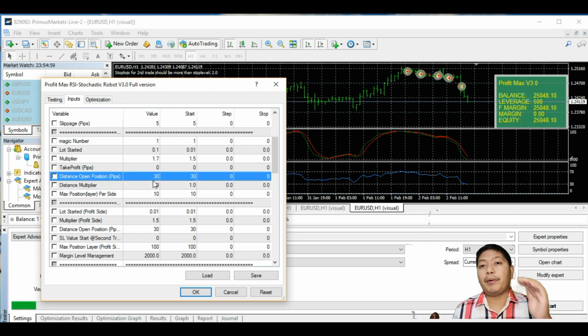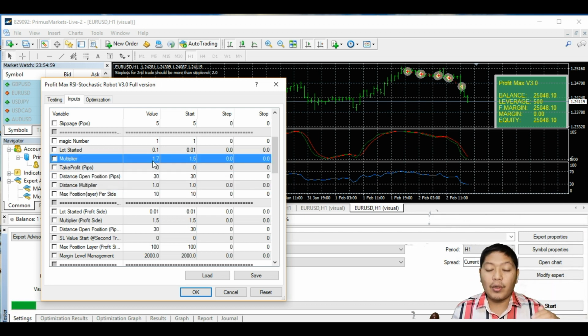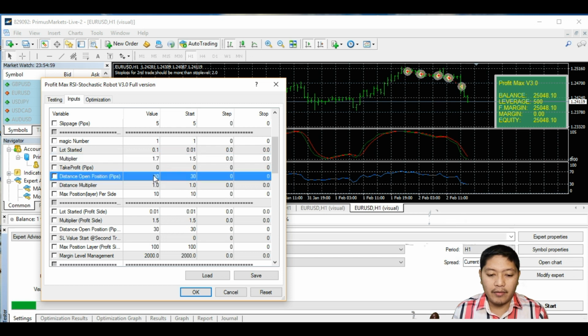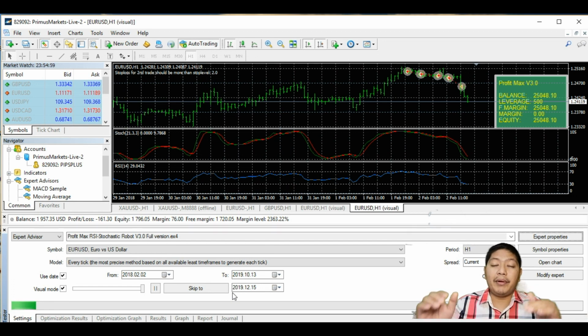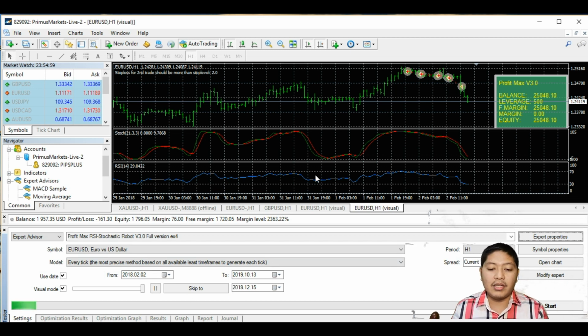After 30 pips, it can open another lot size for you, depending on what lot size you want to put by using the multiplier. So for this EA, you can have a training on the site the moment you download it, together with the manual trainings.